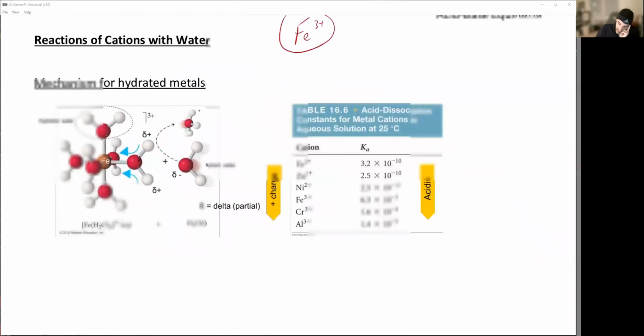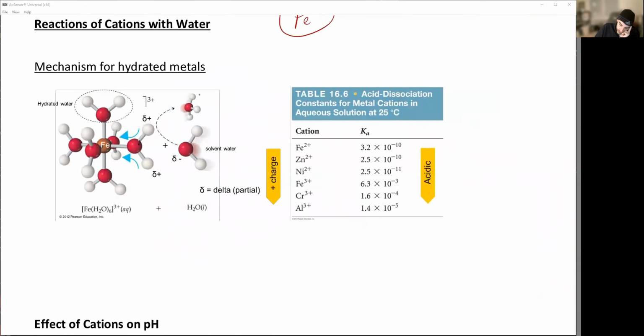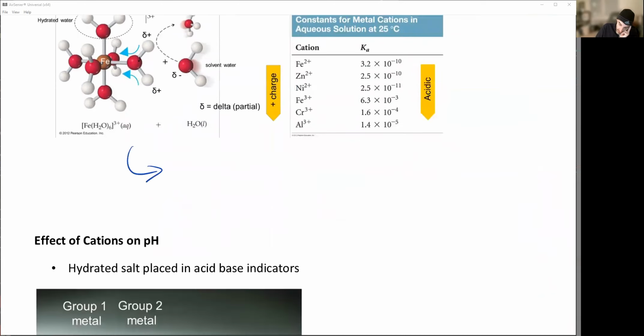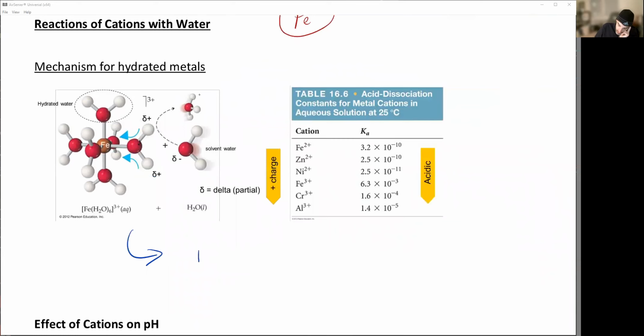So the end result of this is you have an iron that had 5 waters, plus now it also has an OH attached to it and an H3O plus.